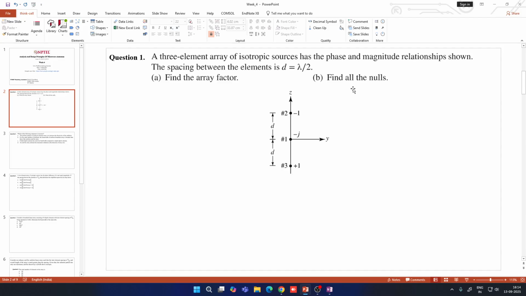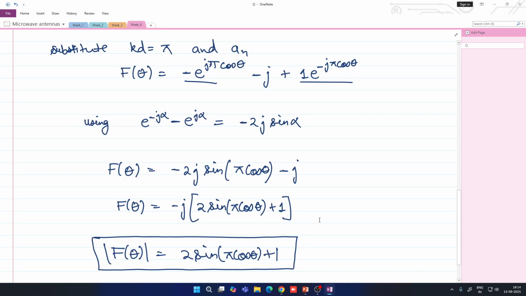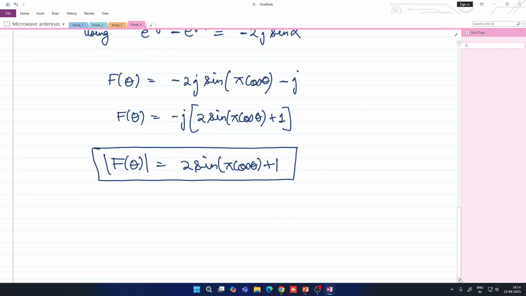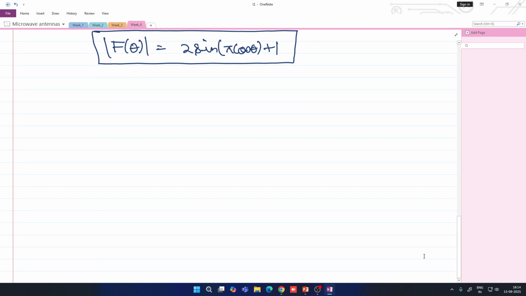And in part B, we have to find all the nulls. All the nulls means where the array factor becomes 0. So all theta locations for which the array factor becomes 0 will be the solution for part B. So in part B we have to find the nulls, and they will occur when f theta becomes 0.